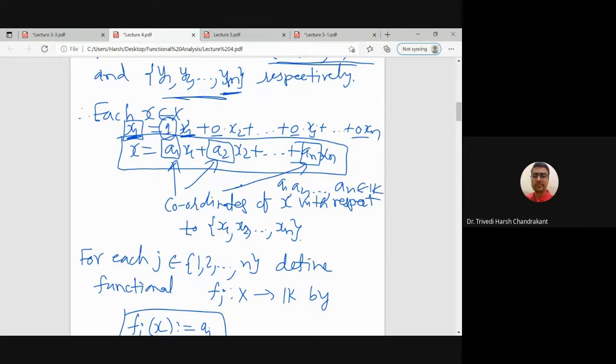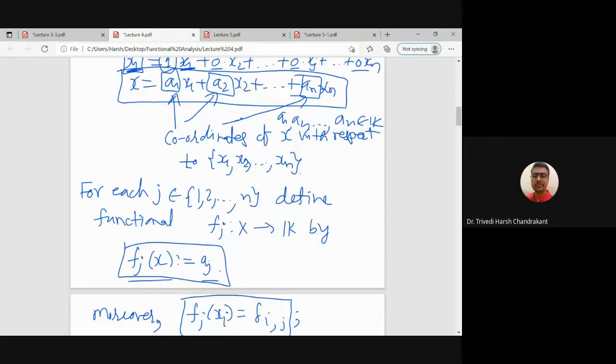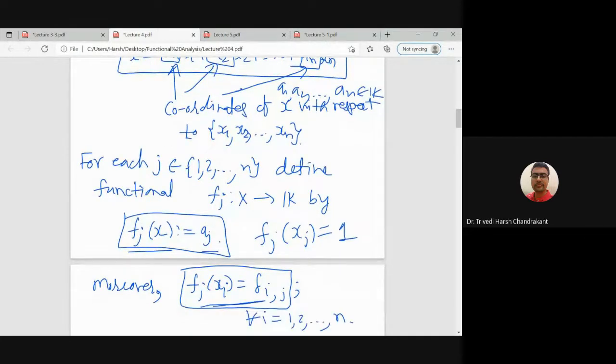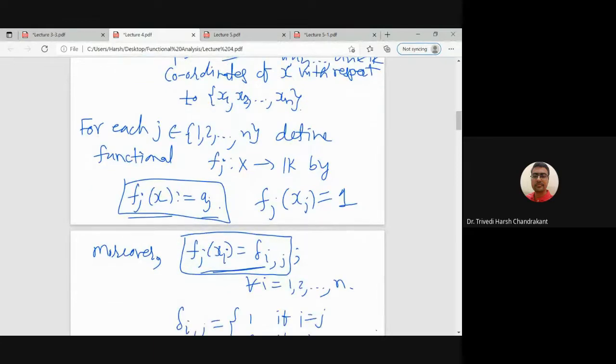The coordinates of all other xj will be zero, right? So in particular, the jth coordinate of xj is 1, and the jth coordinate of xi is 0. So that is the map we have written in the combined way. It is delta ij.